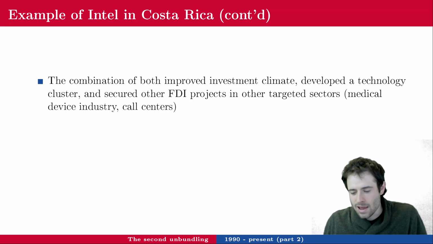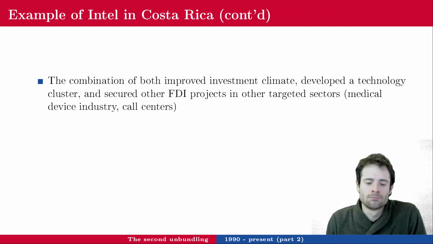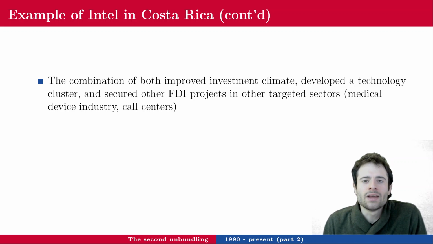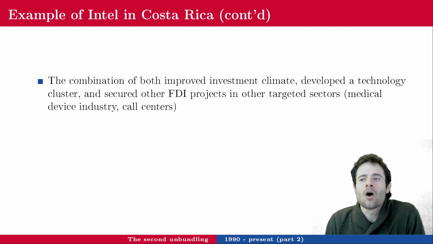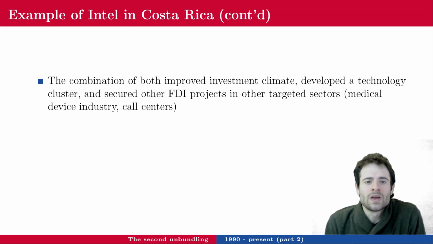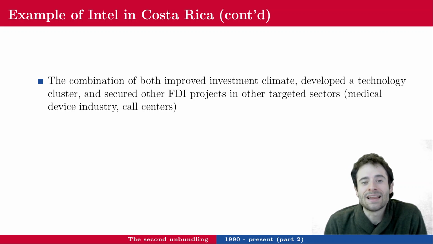So by trying to improve in order for Intel to invest more in Costa Rica, they also improved overall. They also created incentives for other firms to invest in Costa Rica, hence reducing the risk associated to Intel leaving Costa Rica.